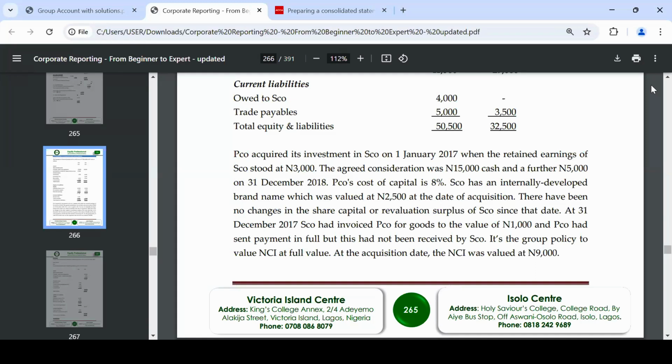The brand name will show up as an asset. Now, the second place to show up is when we are canceling out the investment in subsidiary against the net asset acquired, that brand name will feature as part of the net asset of the subsidiary. Is this understood?